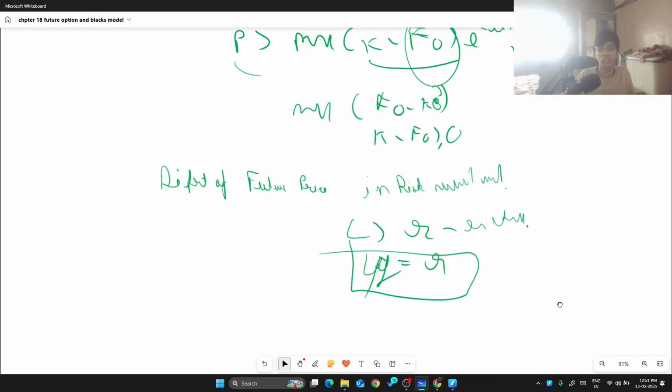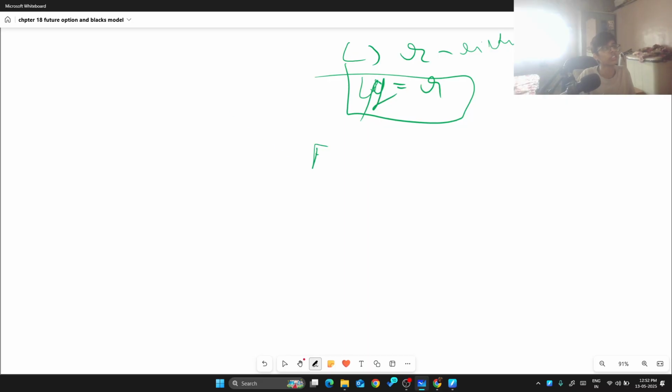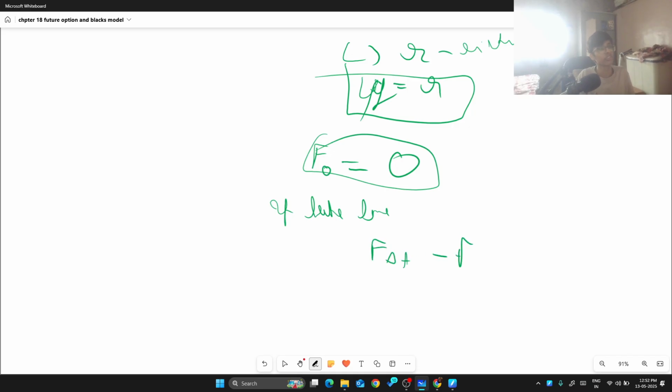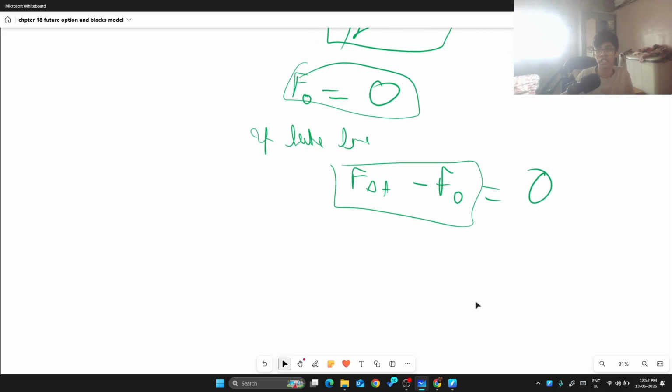So we know that at the starting of the contract the value would be 0. If we take a small time step, that is F delta t minus F0, its value will also be 0 because the forward contract value at the start is 0.